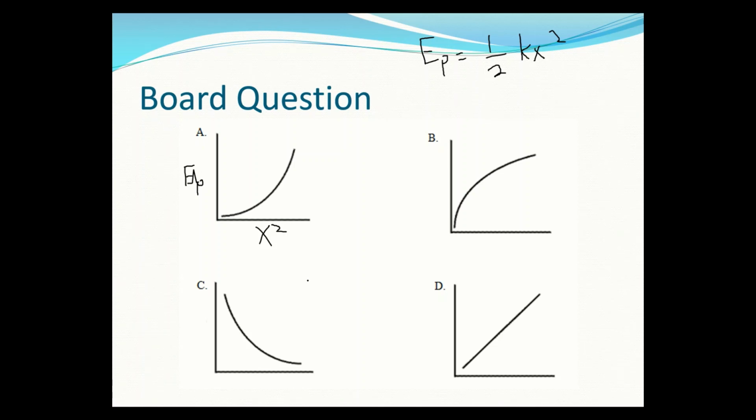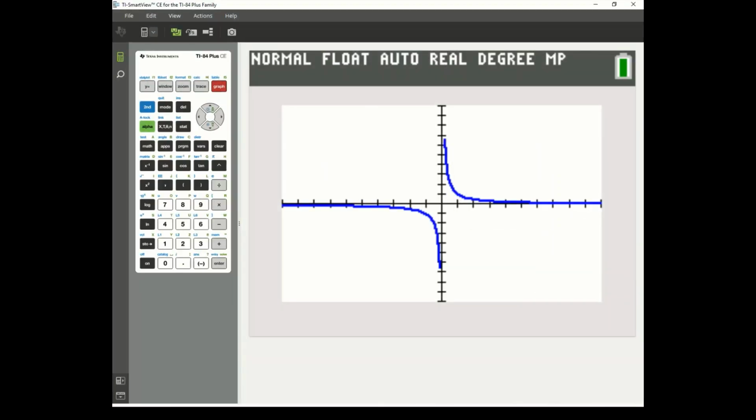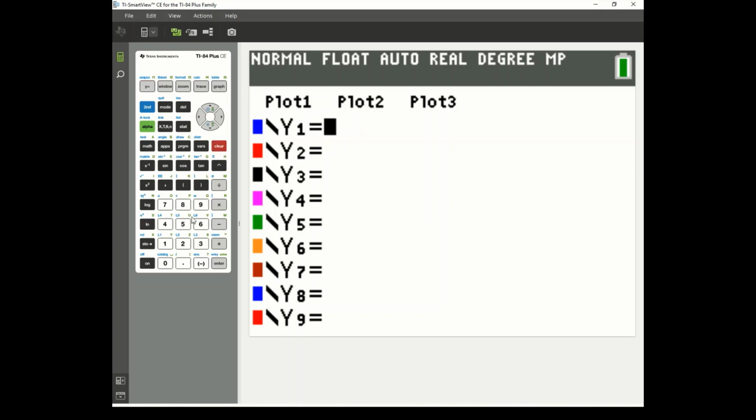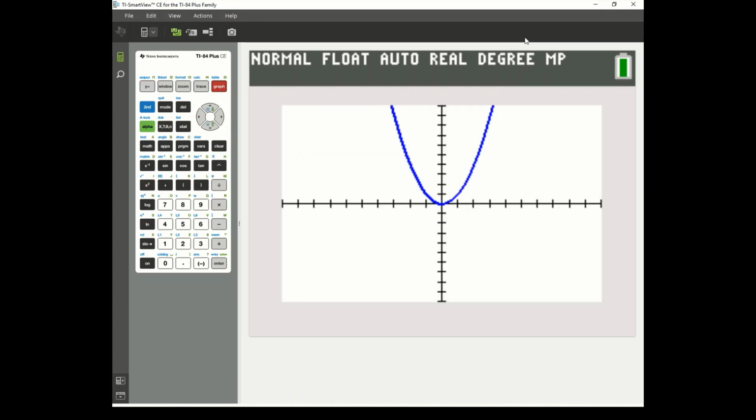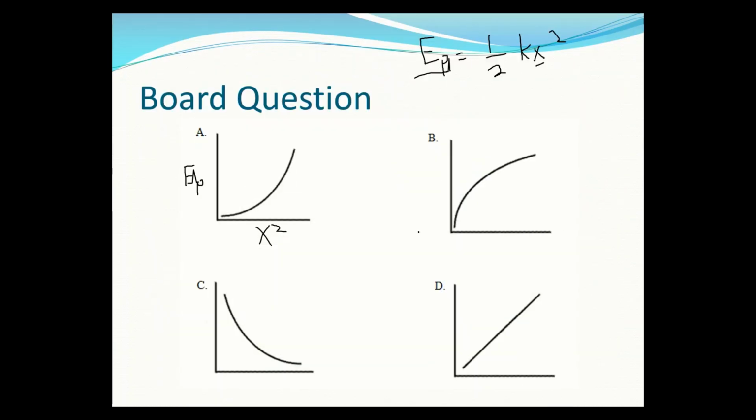Okay, I'm guessing most of you got this wrong, and that most of you picked A because you're like, okay, EP and x have a squared relationship. So you went on your calculator and asked what a squared relationship looks like, y equals x squared, and that's what it would look like. But remember when we were doing these examples, whenever we started off, we just graphed EP versus x, and we'd get that graph.